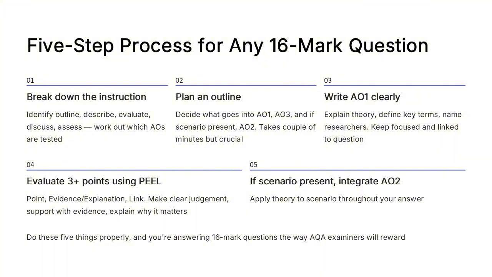So to recap very quickly, to answer any 16-mark question, you follow the same thinking process every time. First, break down the instruction so you know exactly what the examiner is asking for. Look for words like outline, describe, evaluate, discuss, or assess, and use those to work out which assessment objectives are being tested.